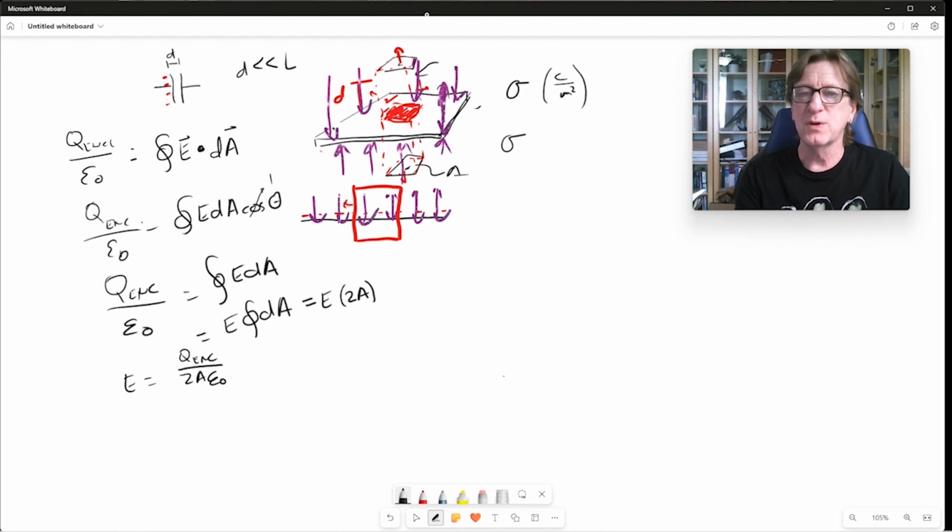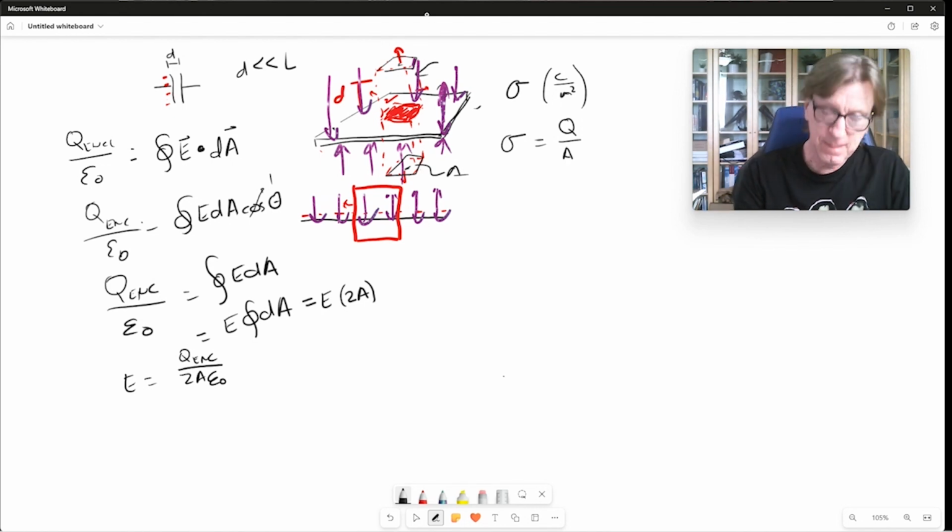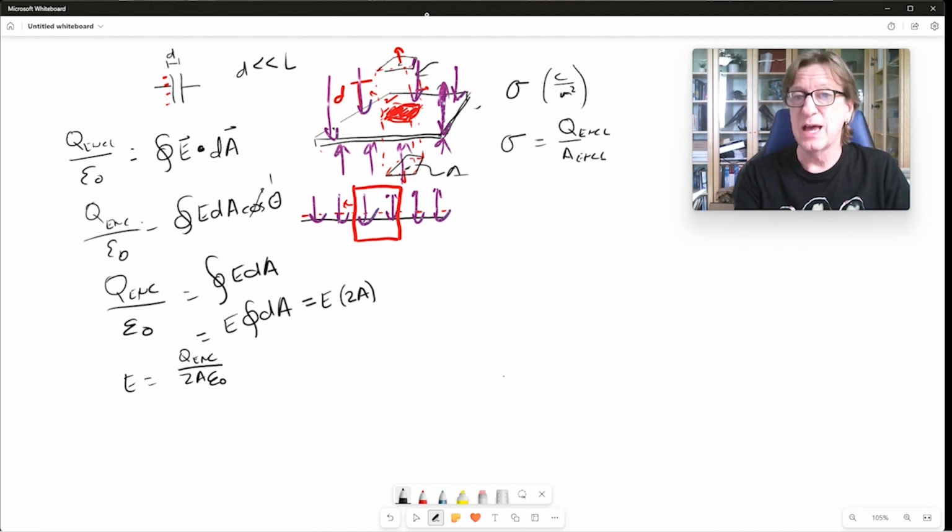So we'll start with our definition of the area charge density. That's going to be Q divided by the area. Now this area here, though, is the area enclosed, which might not be exactly the same as the area of my Gaussian surface. In this case, it is. This area happens to mathematically be the same size as this area here because I simply chose a box.